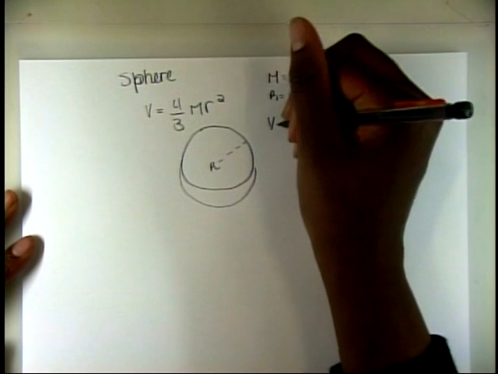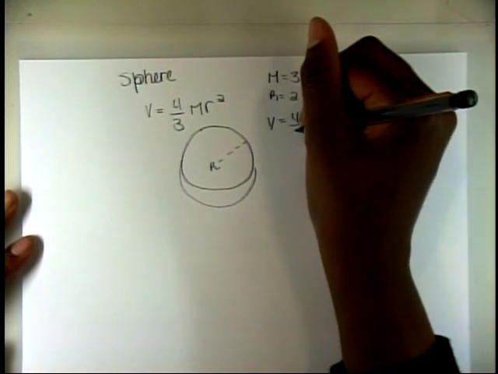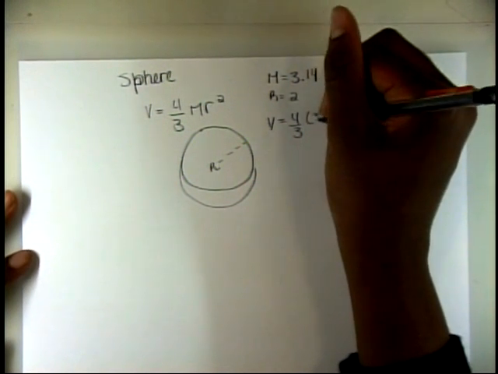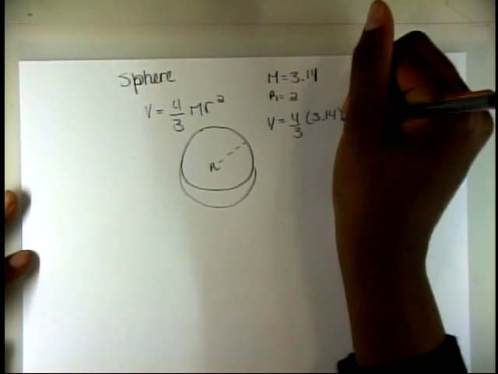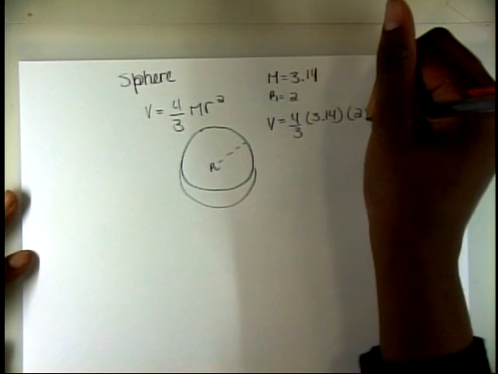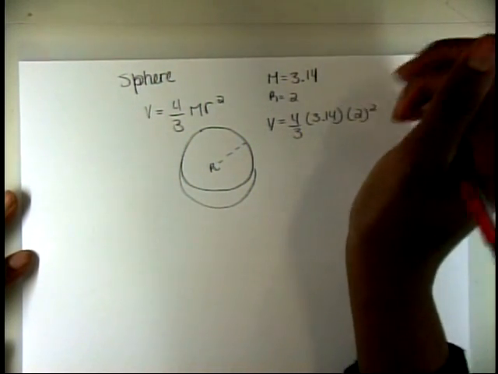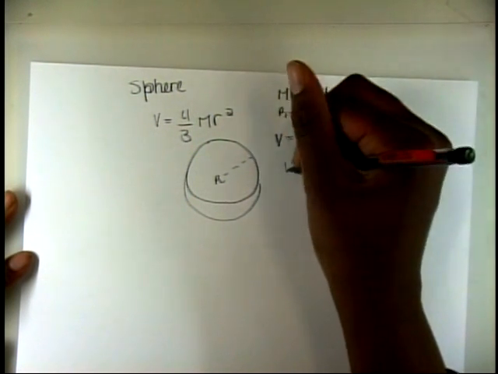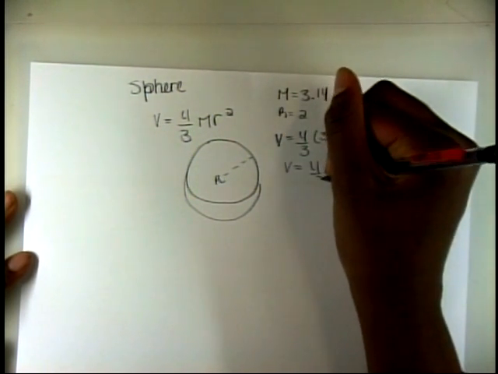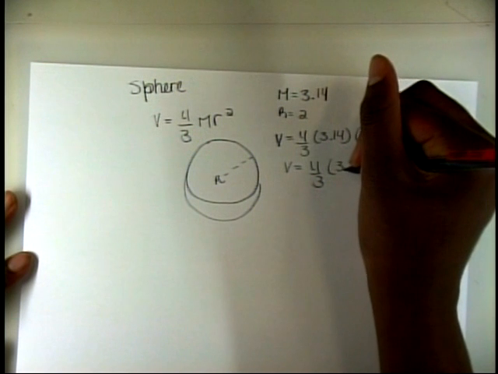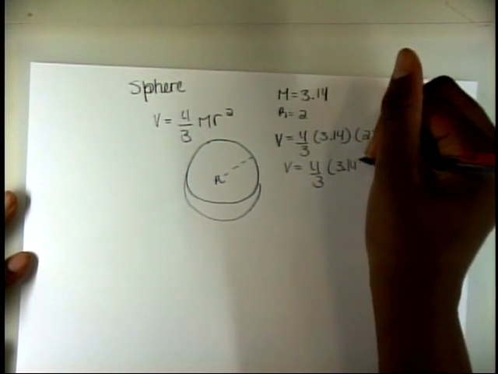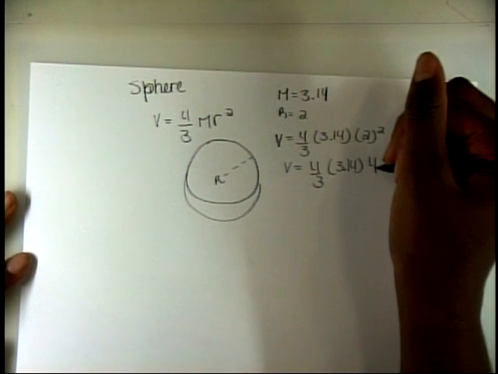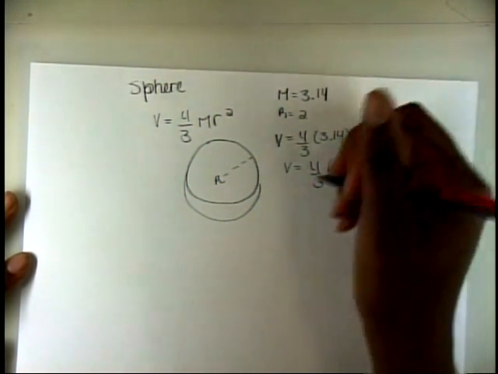So if I plug in 4/3, 3.14, 2 squared, I should end up with 4/3 times 3.14 times 4, which I should have now.